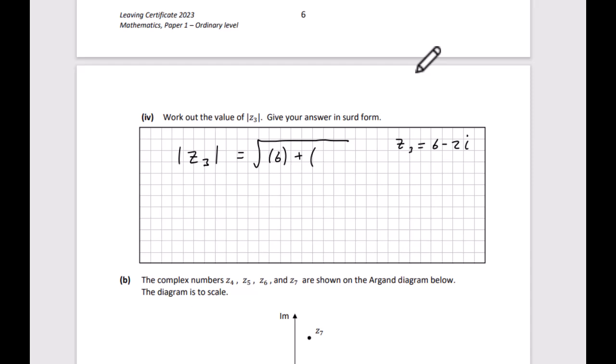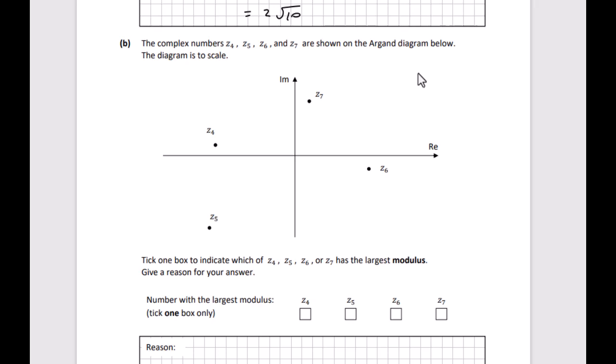Then the b is the minus 2. Just put in the minus 2 there as well. You've got to square that, square that. That gives us the square root of 6 squared, which is 36, minus 2 squared is plus 4. So that's the square root of 40, which is 2 root 10. You can just type that into your calculator, press equals, you get 2 root 10. It says give your answer in surd form anyway. So that's it. That's part 4 done and part A done.